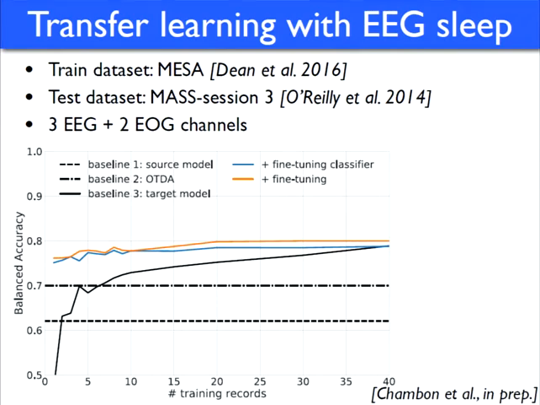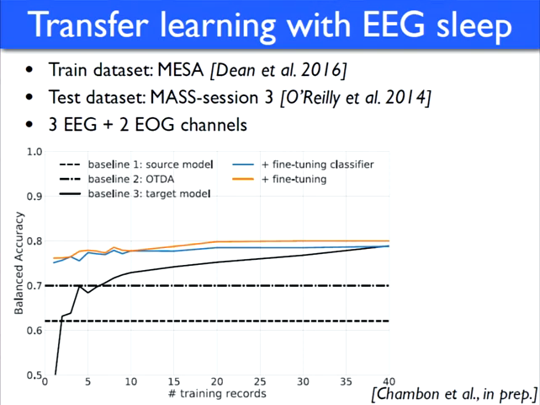Now, let's look at the example of transfer learning. We take the same data sets, and what we're trying to do now is start from a pre-trained system, which is actually a convolutional network here. We start from a pre-trained network that we trained on the MESA data set, and we try to predict on this MASS data set.